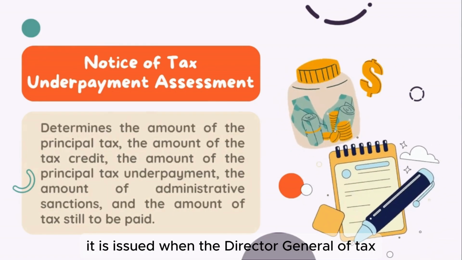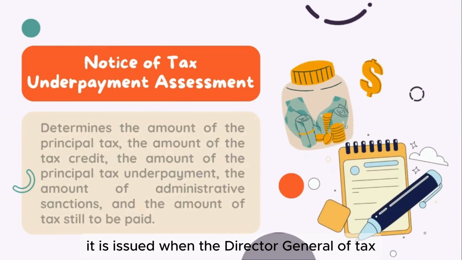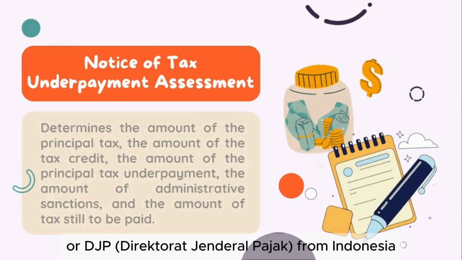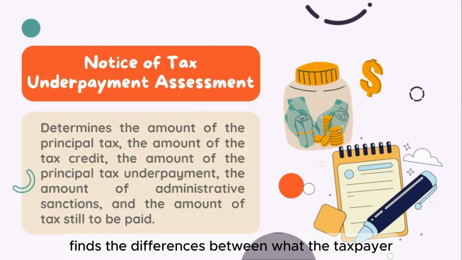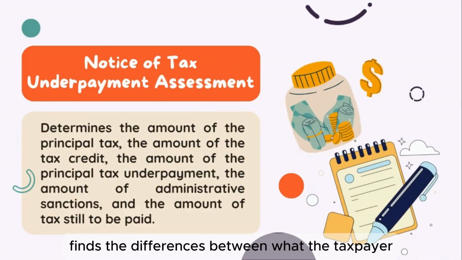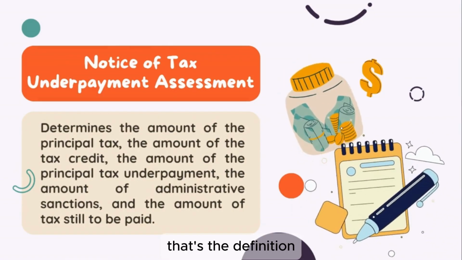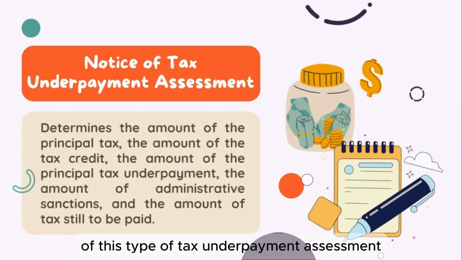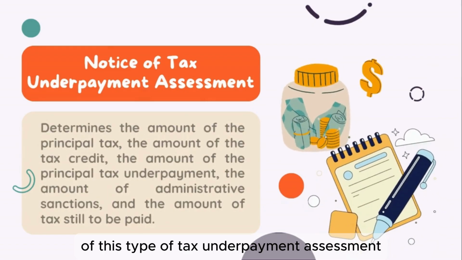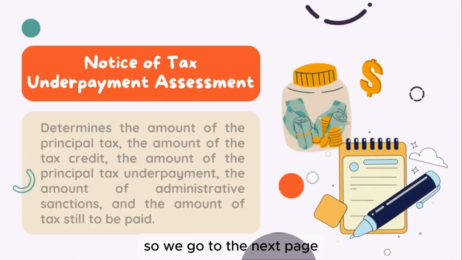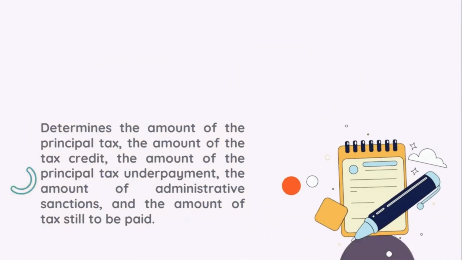It is issued when the Directorate General of Tax or DGT from Indonesia finds differences between what the taxpayer reports and what the audit discovers. That's the definition of this type of tax underpayment assessment. So, we go to the next page.